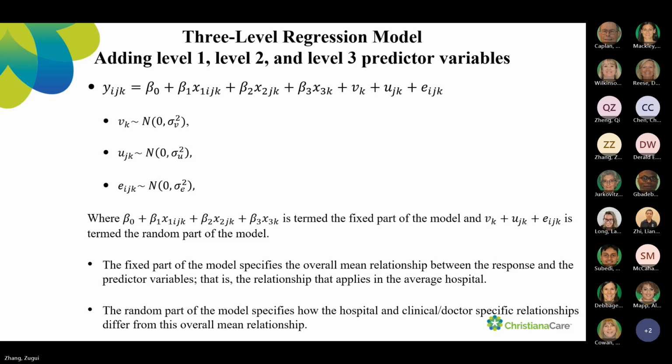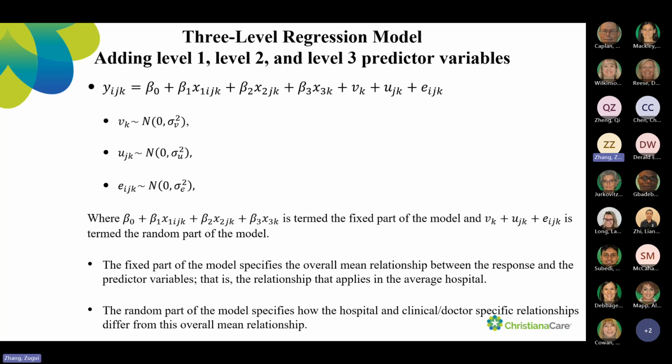For example, if we look at the impact of physicians and hospitals on blood pressure measurements, we will have 3 levels. Level 1 is the participants or patients. Level 2 could be physicians or clinics, and level 3 could be hospitals. So the 3-level regression model is quite common in practice.